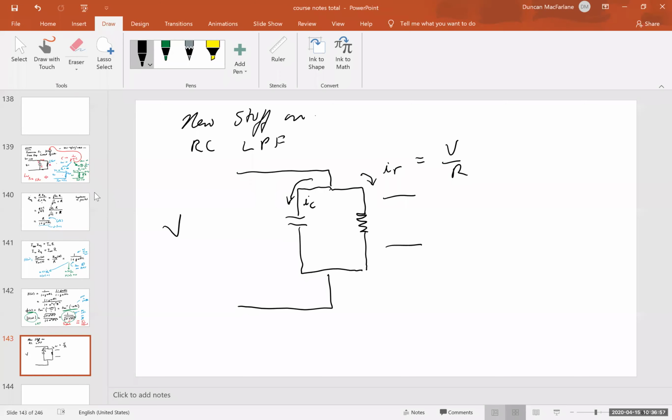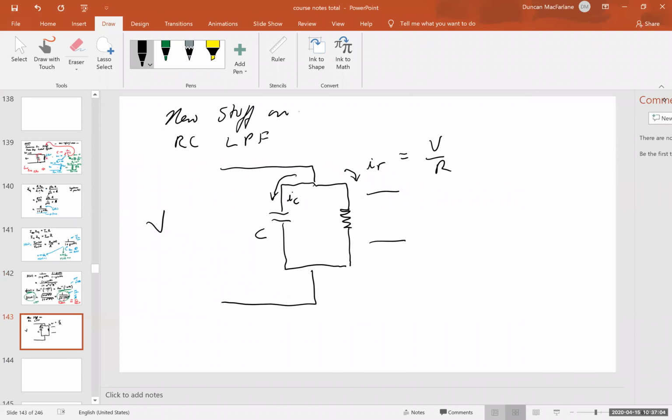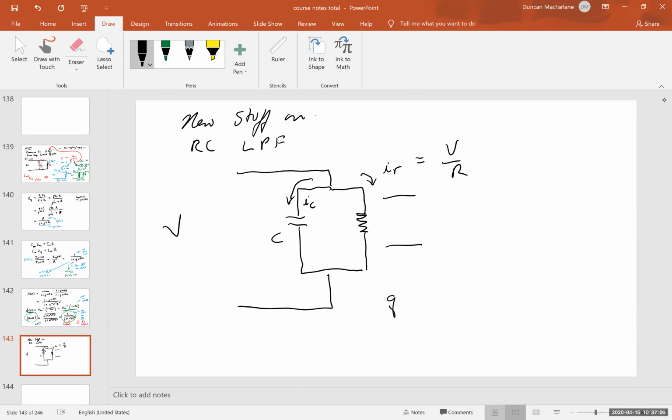The fundamental rule of a capacitor relates Q, the charge that this capacitor holds, to the voltage. And so in order to make sense of this, I take the derivative of both sides of those.